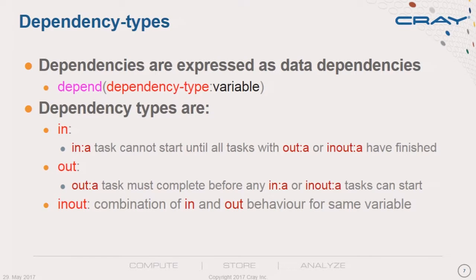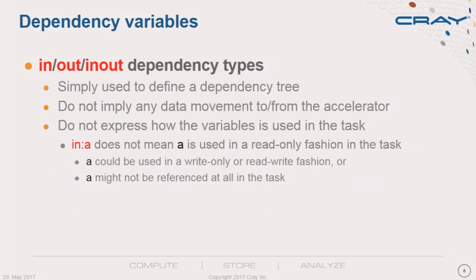If you have a dependency of in, it means that the previous task, which maybe has a dependency of out on the same variable, has to be finished first. If you previously have a dependency of inout on the same variable, this also has to be finished. And the same is for out: out has to be finished first before another task with the dependency in on the same variable can start. And inout combines both.